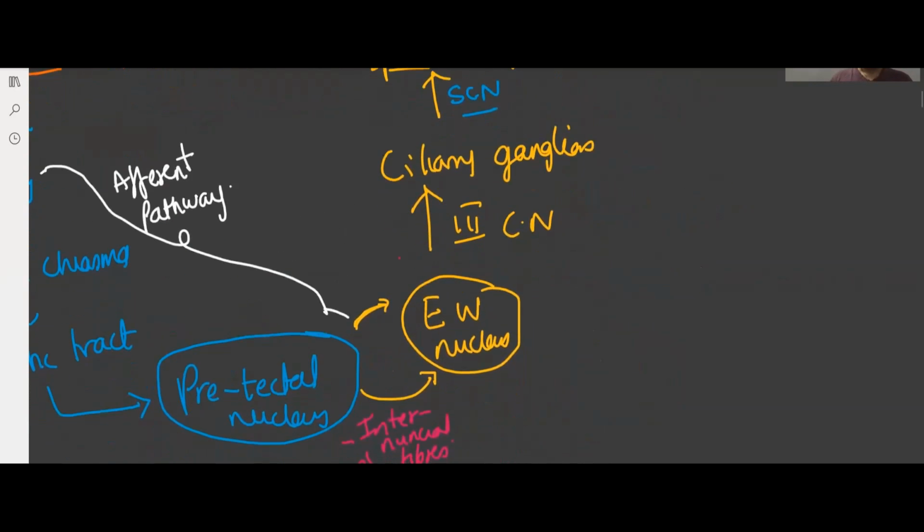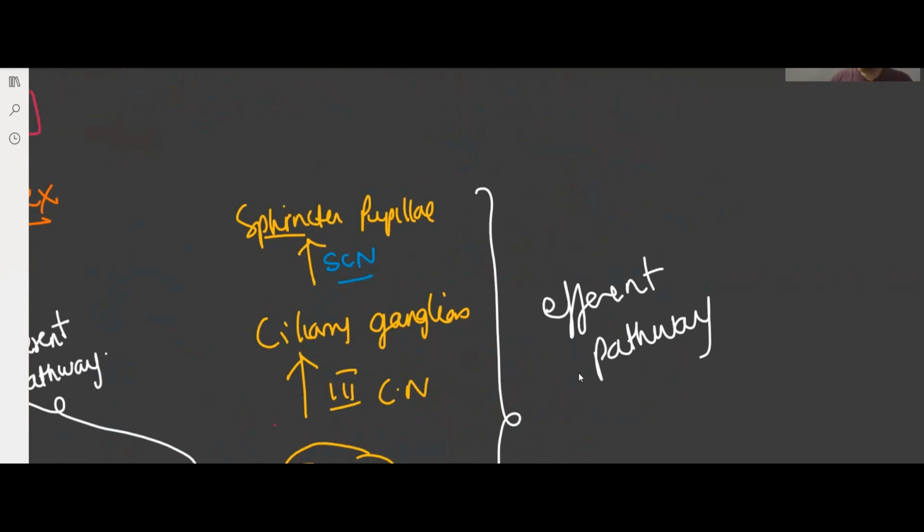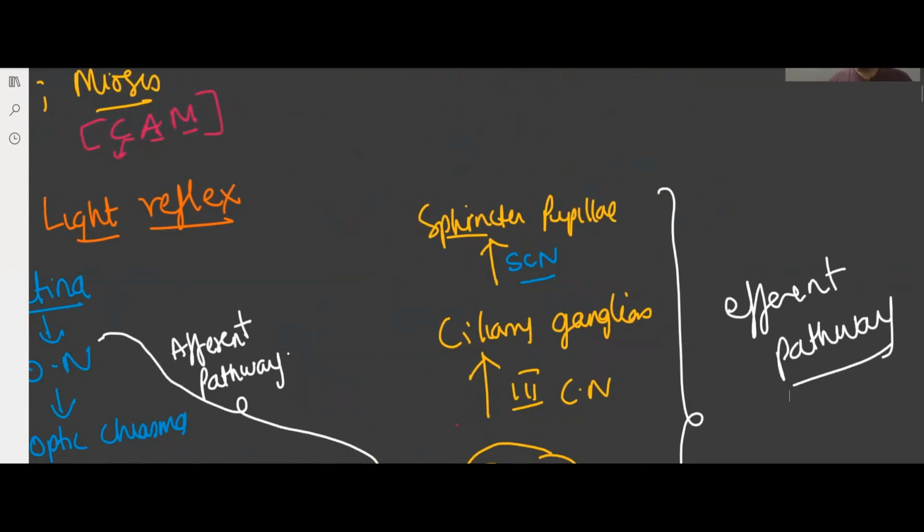And from the Edinger Westphal nucleus till the sphincter pupillae, we call it the efferent pathway, and whatever lesions you have there will produce efferent pathway defects. When we speak about lesions, this classification into afferent and efferent is very important.